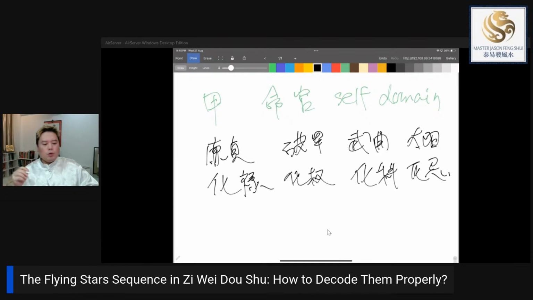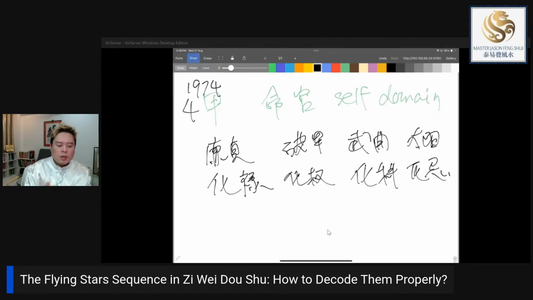If you are familiar with the flying star sequence, we will know that people who are born with the Jia heavenly stem as the year of birth will see the number 4 as their year of birth. For example, 1974 is the year of birth for this person. And we can observe certain things that will happen in this person's life.